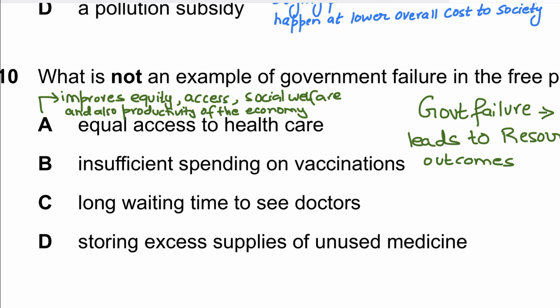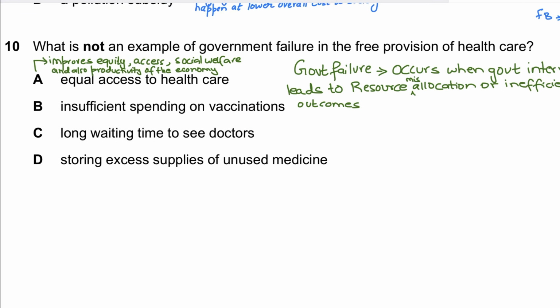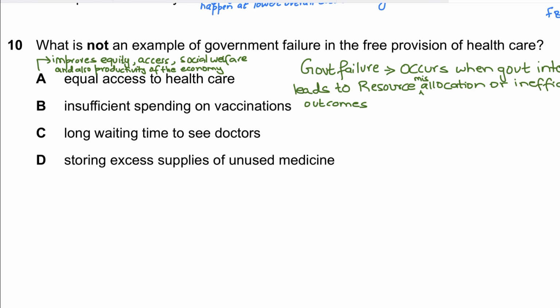The rest are examples of government failure, like inefficient spending on vaccinations, which could create under provision or over provision of vaccinations.